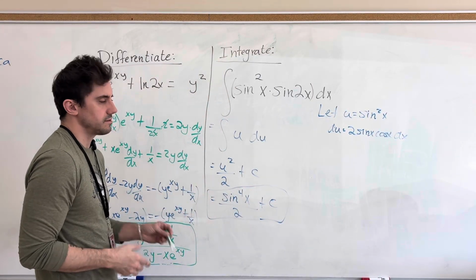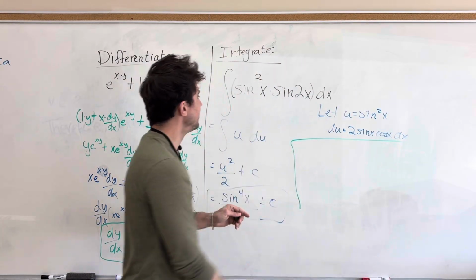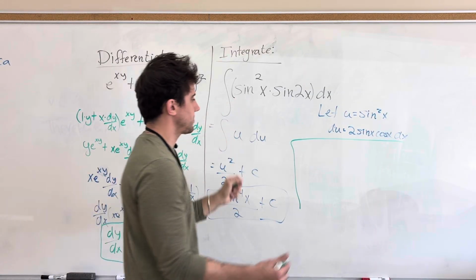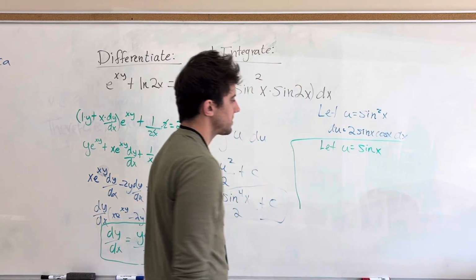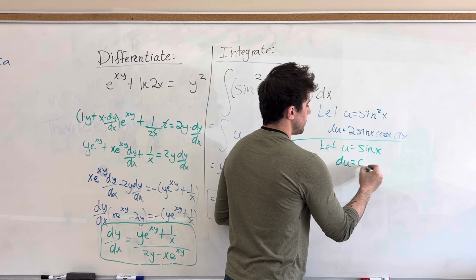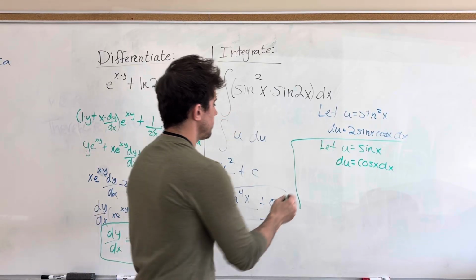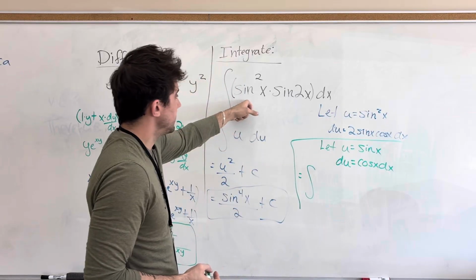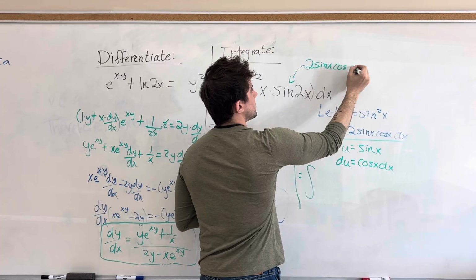Now I'm really curious. Let's just explore here, since hopefully I have your attention for a moment. What if we make u be simply sine of x? Let's see how that plays out. If we let u be simply sine of x, then that means du is going to be cos x dx. And so we can now write our integral as the integral of sine 2x, I'll just remind you, is 2 sine x cos x.